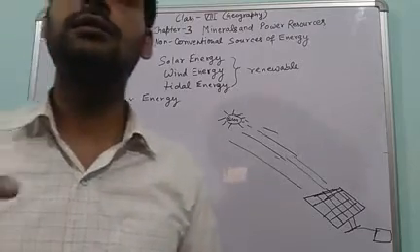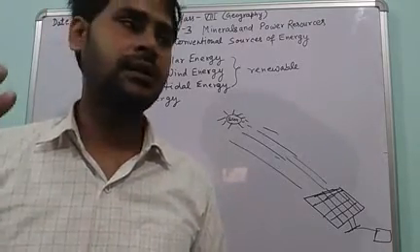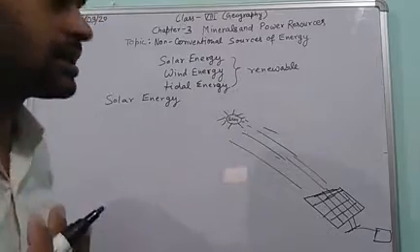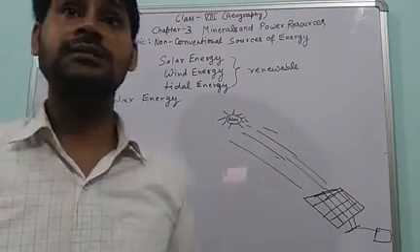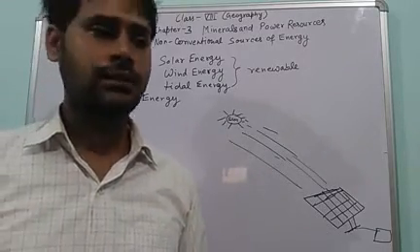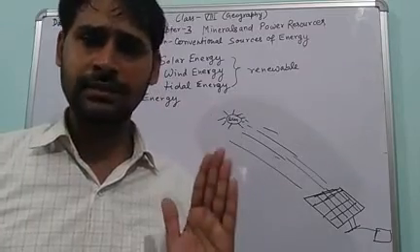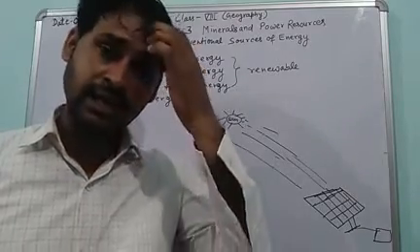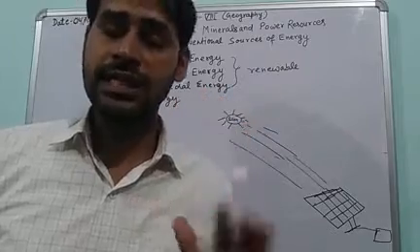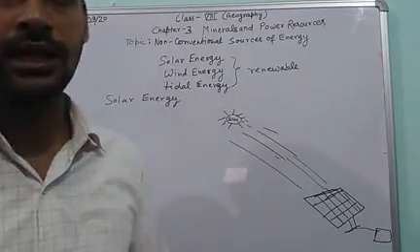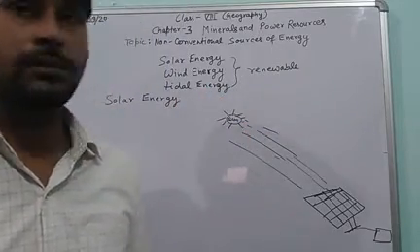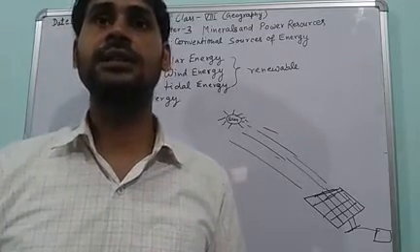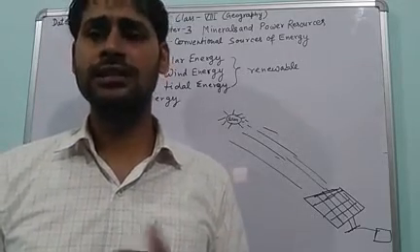The technology of utilizing solar energy benefits a lot of tropical countries that are blessed with abundant sunshine. Means wherever sunshine is abundant or sufficient, those countries are getting the benefit of solar energy projects or solar panel electricity.